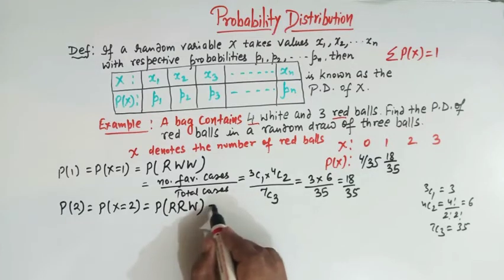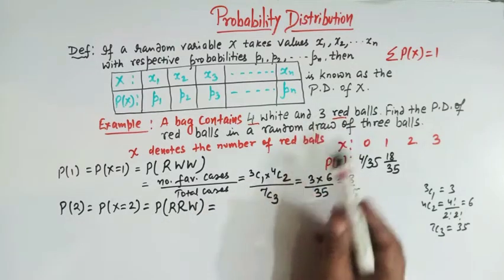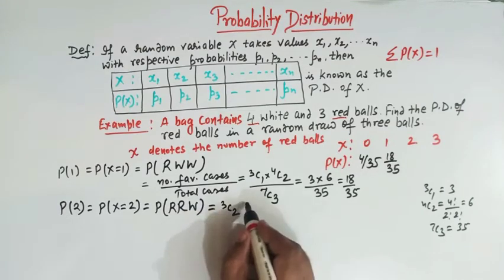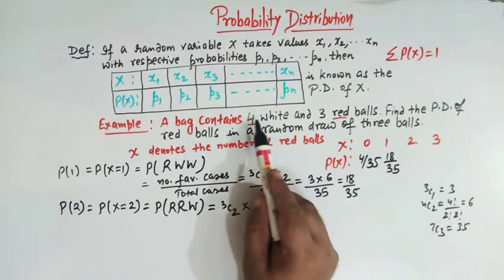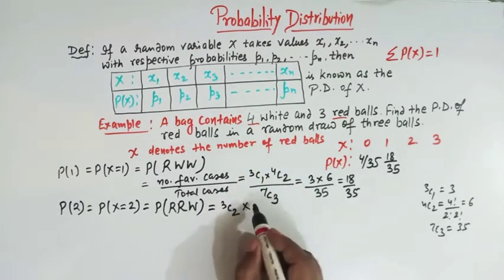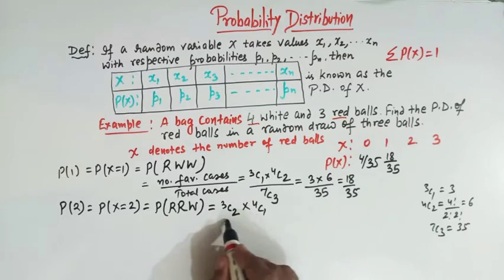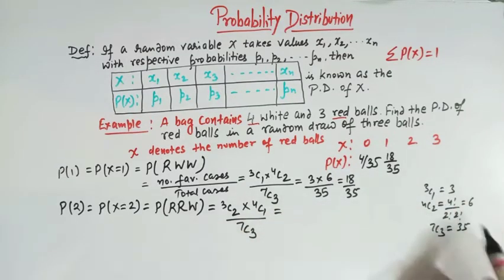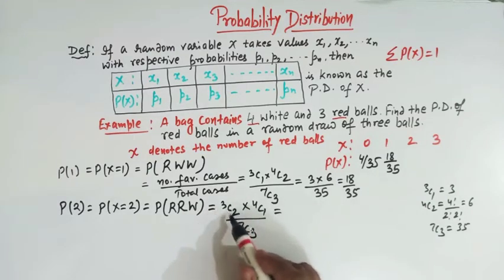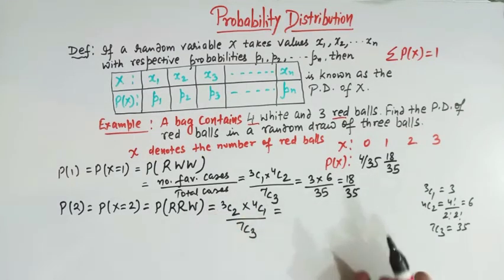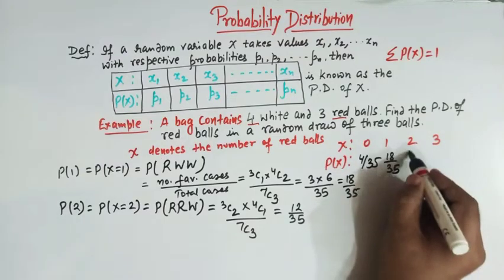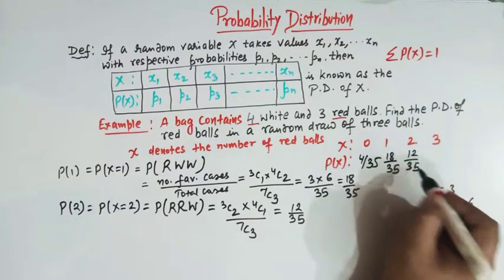So two red balls can be selected out of three red balls in 3C2 ways, and one white ball can be selected out of four white balls in 4C1 ways, and here we have 7C3, right? So in a similar fashion, if we calculate 3C2 and 4C1, we get 12 by 35, right? So here we will write 12 by 35.